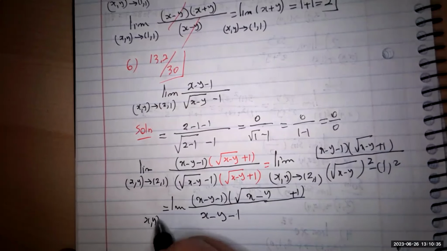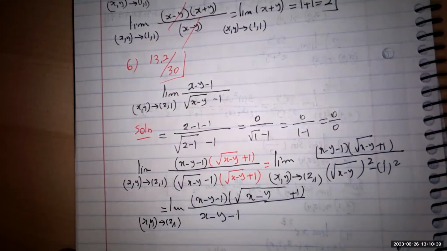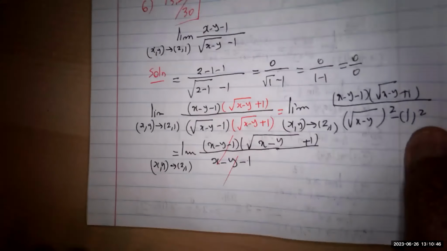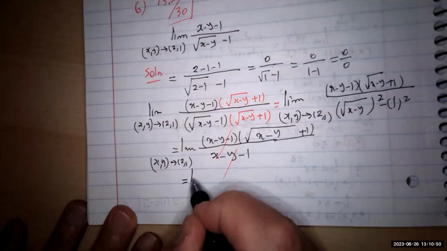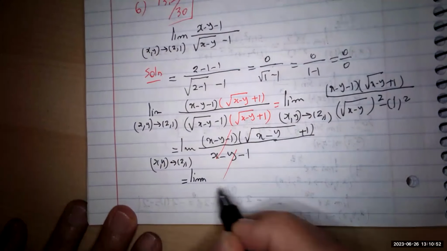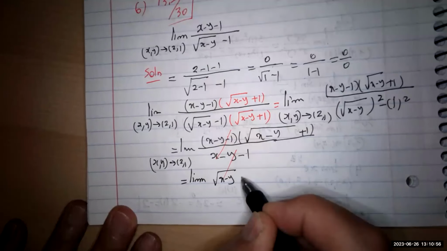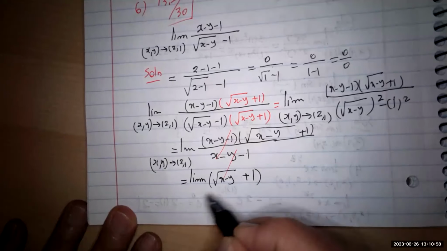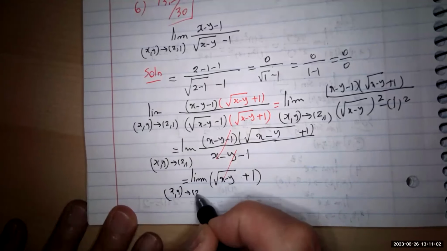And that's as (x, y) goes to (2, 1). Now we can cancel out these two. So that was the plan. Any question? So you get the leftover and substitute. The limit of the leftover is the radical of x minus y, outside, plus 1, as (x, y) goes to (2, 1).